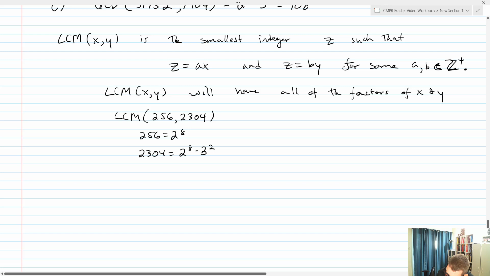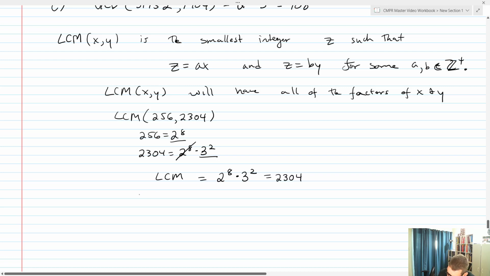So what we do is we say, okay, I'll take all of the factors of 256, so that LCM is going to equal 2 to the 8th. We've got all of those. Now, in 2,304, I already have the 2 to the 8th. I just need the remaining 3 squared. So we're going to remove all of the doubles or the repeats, and that'll give us our LCM. Okay, so we've got 256 times 3 squared, so the LCM actually turns out to be 2,304.